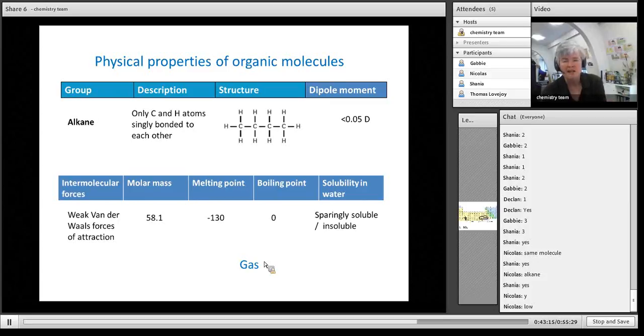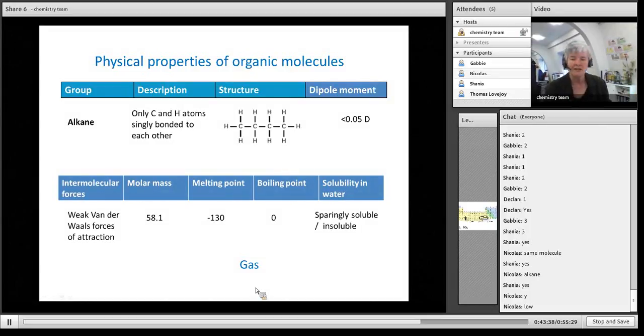Pentane is more or less a gas at room temperature, and hexane is a liquid, but it boils very easily. So I think the bigger the molecular mass, the stronger the attraction, so the higher the boiling point. But taking an average of 4 carbon atoms in a row, you've got a gas.